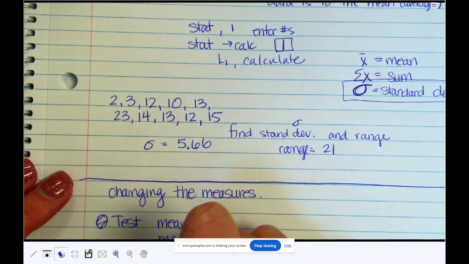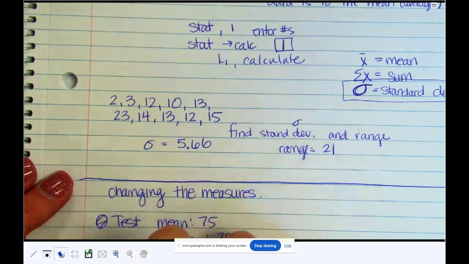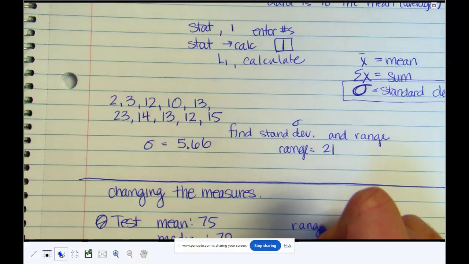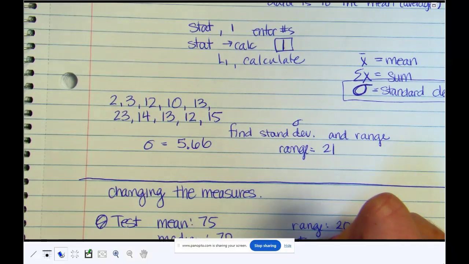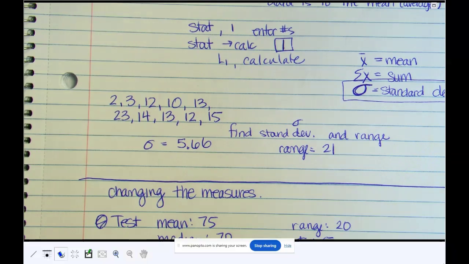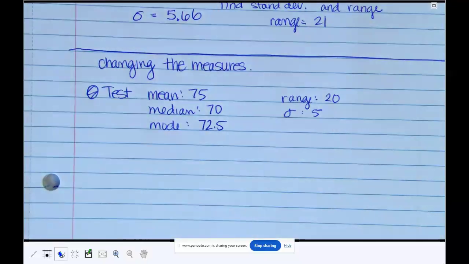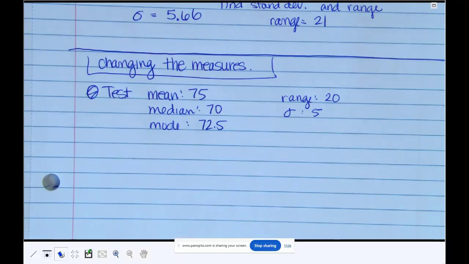The median was 70. The mode was 72.5. The range was 20, and the standard deviation was 5. Let's say that was true on your last test.